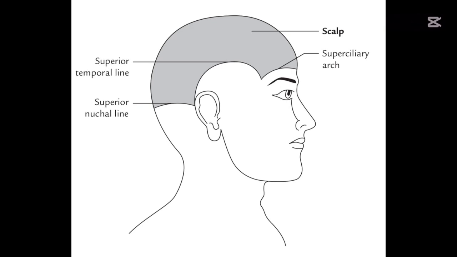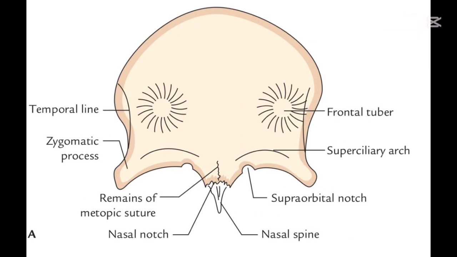Now, where is it extending from? Anteriorly it extends to the superciliary arch. What is the superciliary arch? It is just the representation of the eyebrow. You can see the superciliary arch on the skull. In my normal frontalis video, you can see where the superciliary arch is.